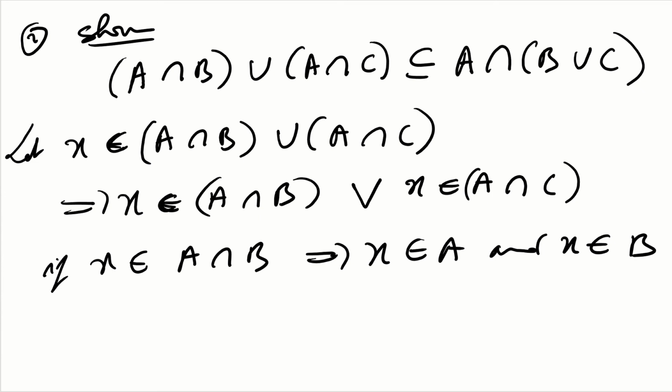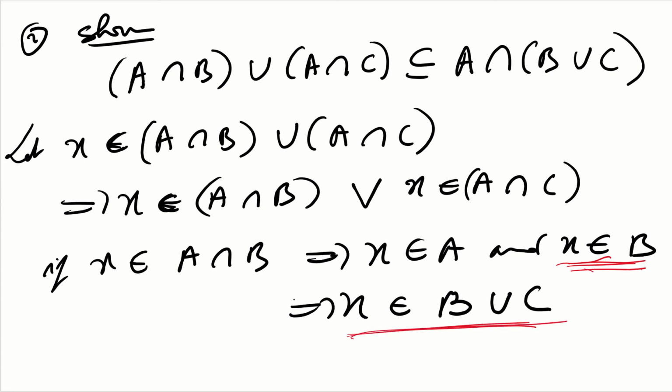So with this, x in A and x in B, this implies x in B union C, because if x is in B, it's clear that x is going to be in B union any set, right? So from x in B, I can say that x is in B union C, because it's the union, x can be in B union any set. So this could be any set, it doesn't matter.